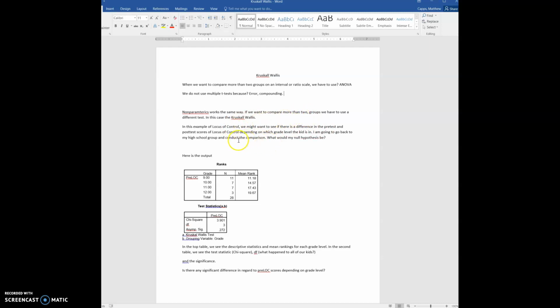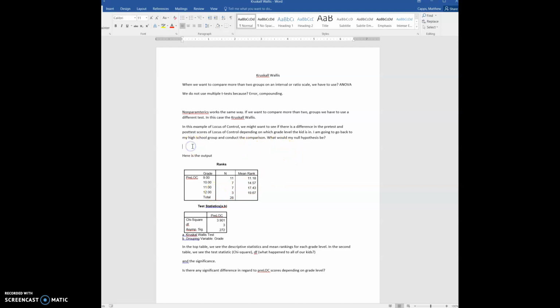So this is a quick study about locus of control, and that means whether I'm responsible for my behavior or somebody else is responsible for my behavior. And we want to see if there's a difference in the pre-test scores and the post-test scores. And I don't mean pre-test to post-test, but I'm saying for these 9th graders, 10th graders, 11th graders, 12th graders, is there a difference in their pre-test scores for locus of control?